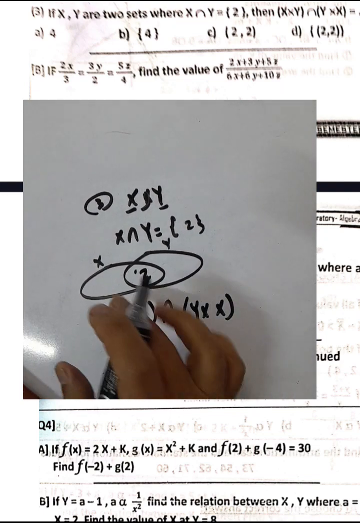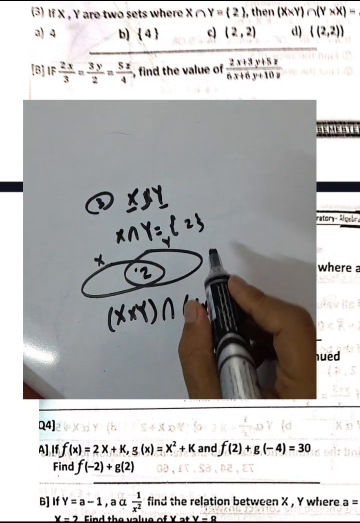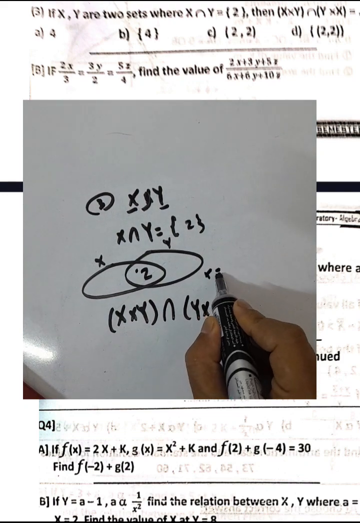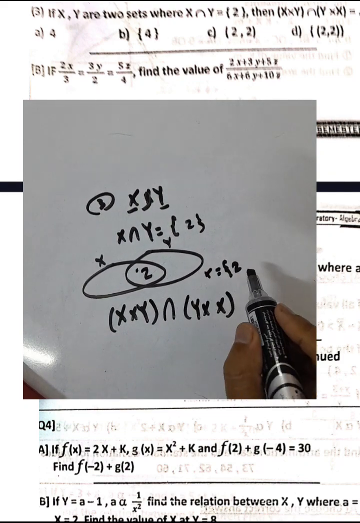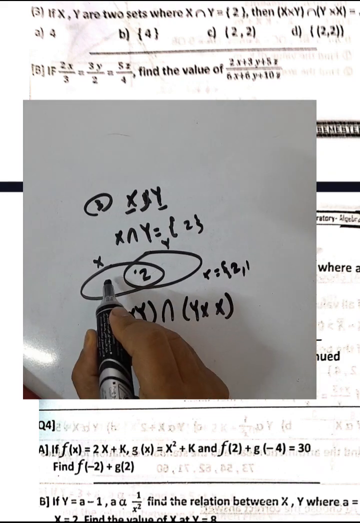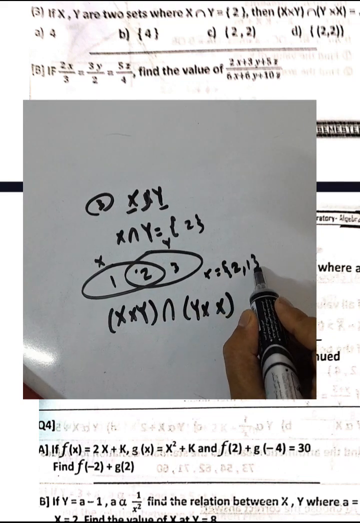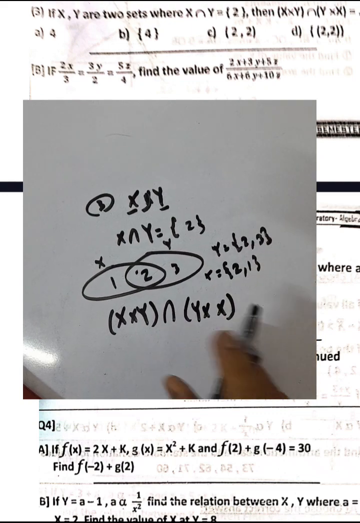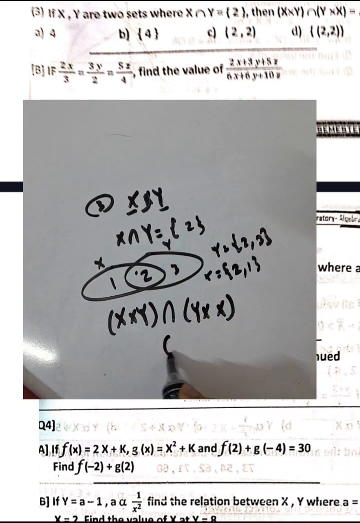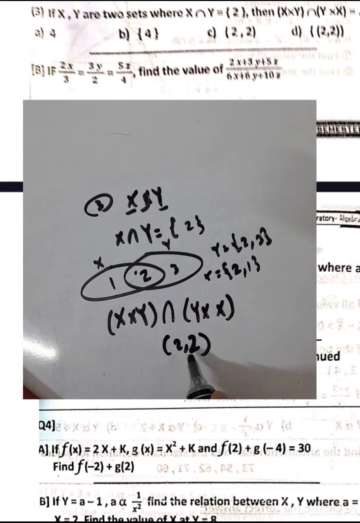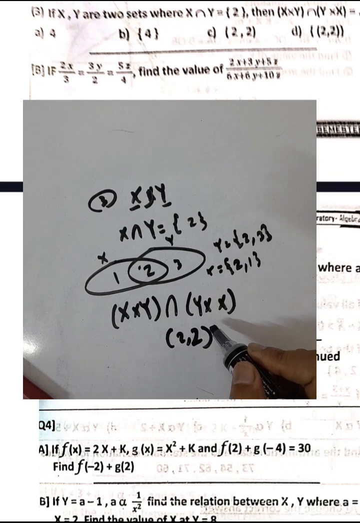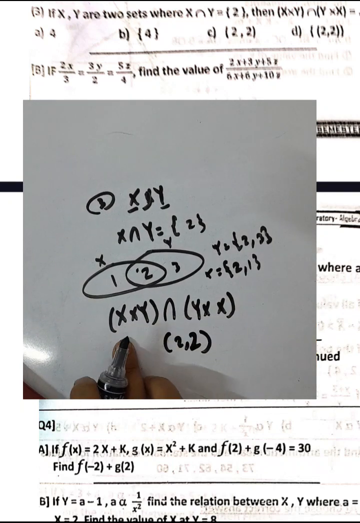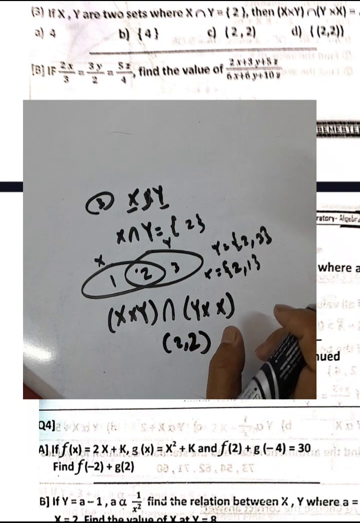I don't know the elements here, but you can write x equal 2 and a number, such as 1 and 3, and y equal 2 and 3. Then the intersection between them is 2, the common element, because 2 belongs to the first and 2 belongs to the second.